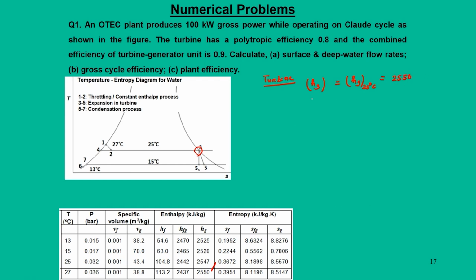And at that point we have S3 equal to 8.5147 kilojoule per kg Kelvin, and this process is isentropic. So, we can write it as process 3 to 5s.